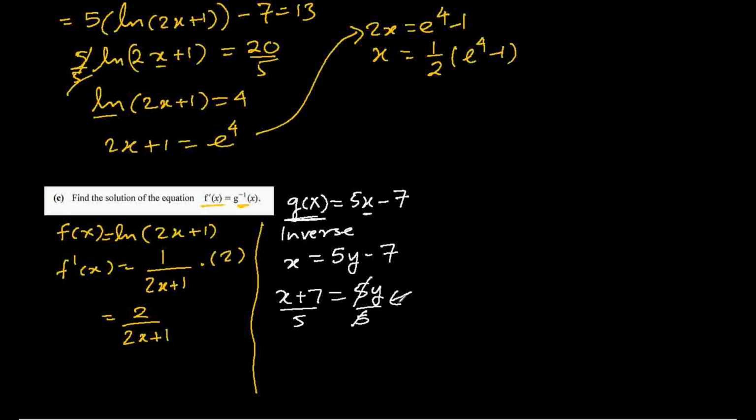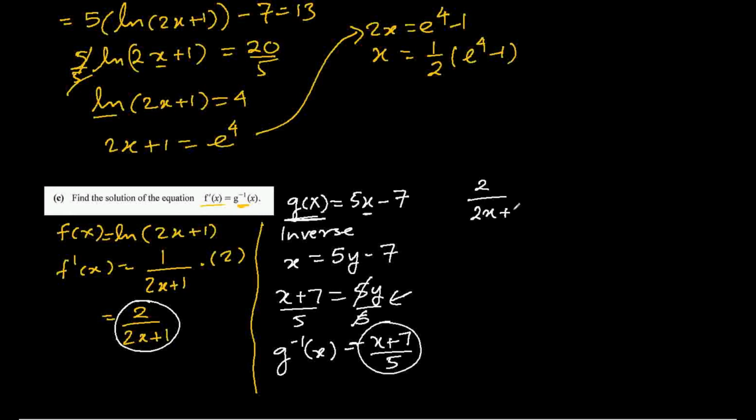This y is the inverse. g inverse x is x plus 7 over 5. Now we have to equate this to this, because they are saying f prime x is equal to g inverse x. So 2 over 2x plus 1 equal to x plus 7 over 5.